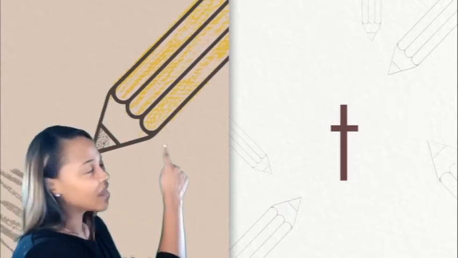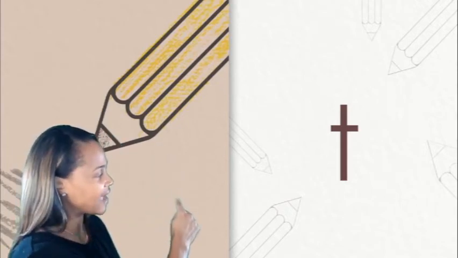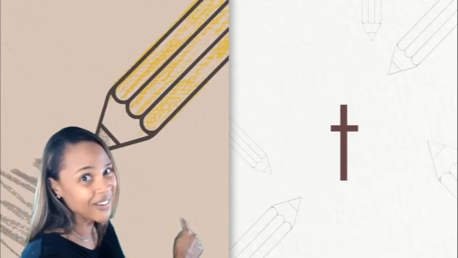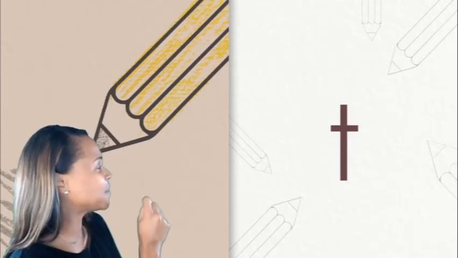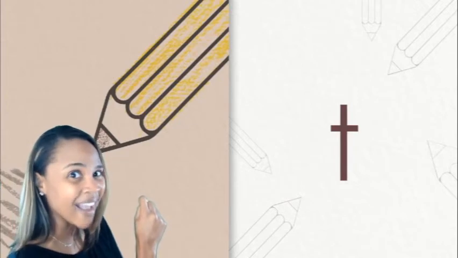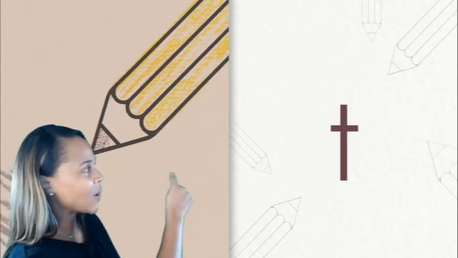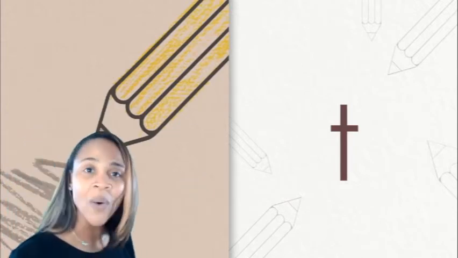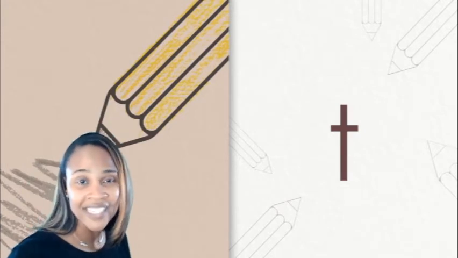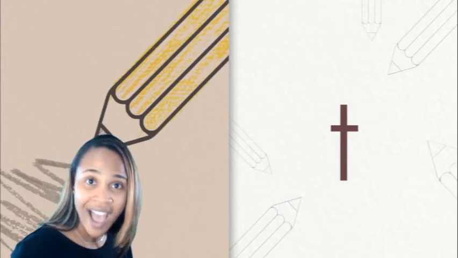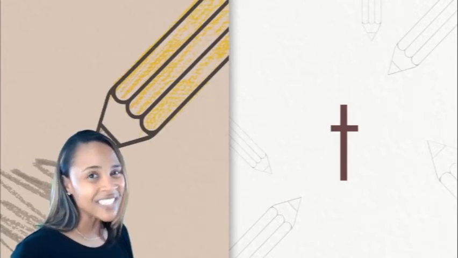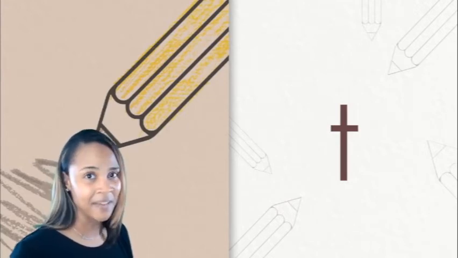Take our finger, we go straight down, making a vertical line, and then we pick our pencil or our finger back up, and we go across, making a horizontal line, crossing our T. And we have 2 straight lines. Thanks for skywriting the letter T with me.